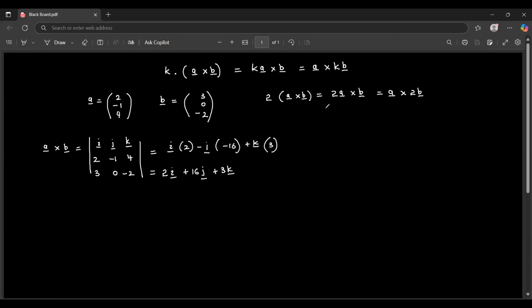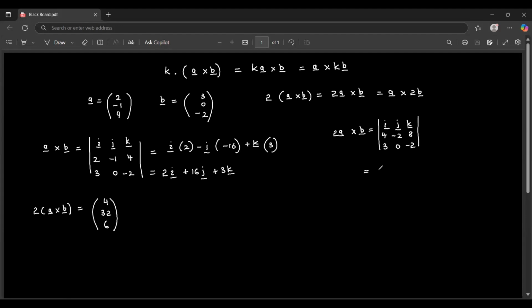So A cross B can be given as this. So 2 into A cross B will be equal to 4, 32, and 6. Now what about 2A cross B? Well, that is equal to the determinant with i, j, k. 2A is given as 4, minus 2, 8, and we have 3, 0, minus 2.